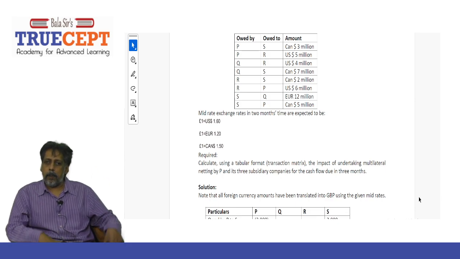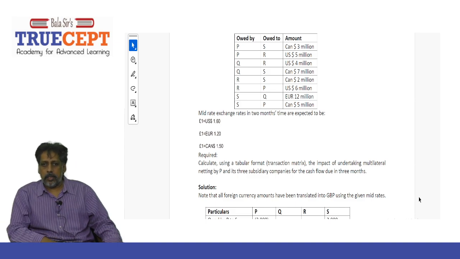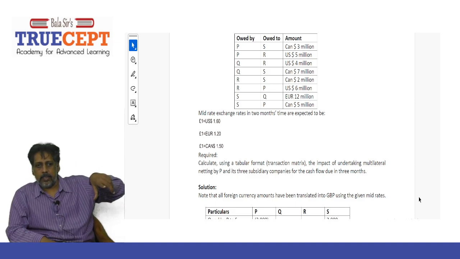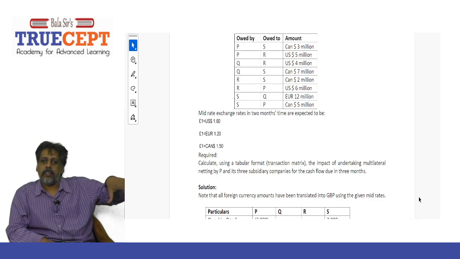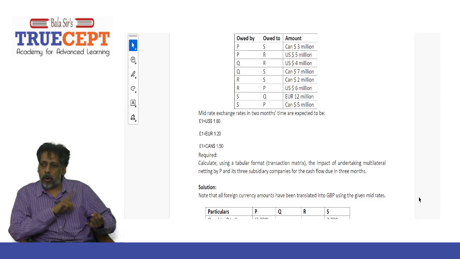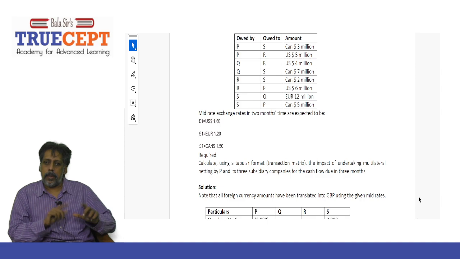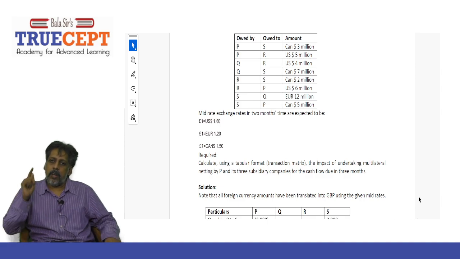So that the best way to do netting is this: you are supposed to convert all the currencies into the parent entity's currency, which is GBP. You can convert all the euros and all the US dollars and all the Canadian dollars into GBP, and find the net amount, payable or receivable.